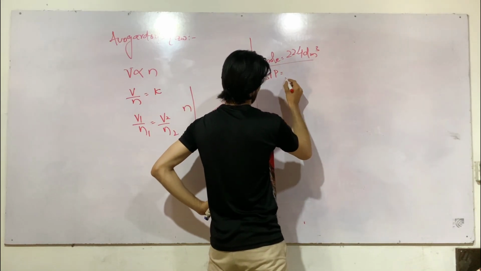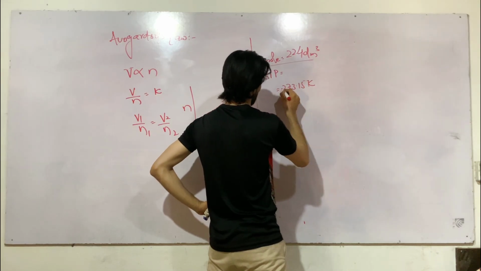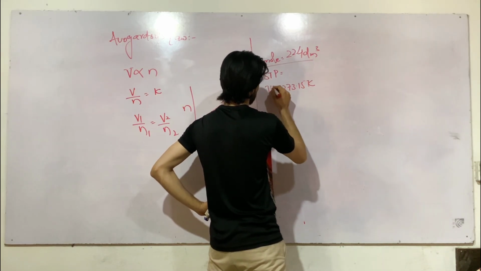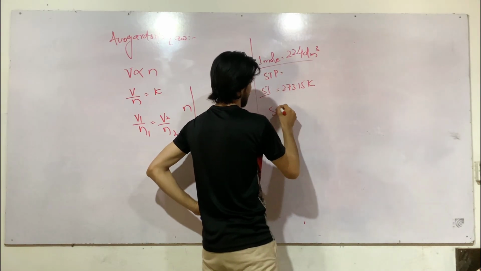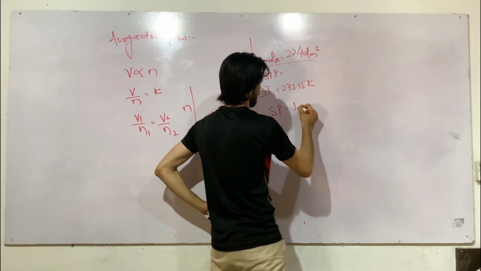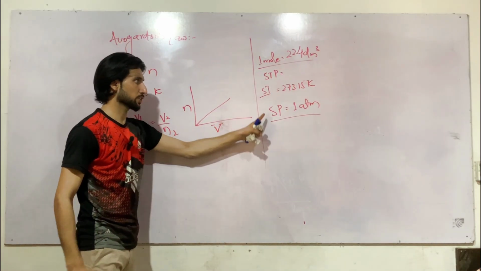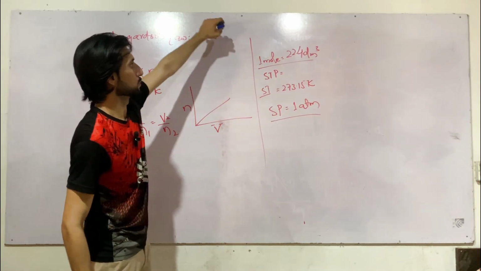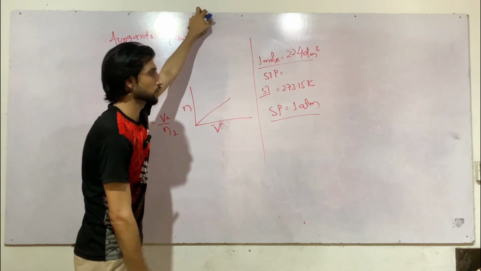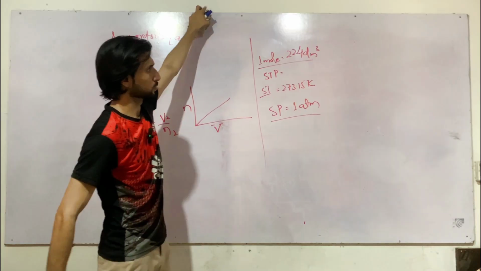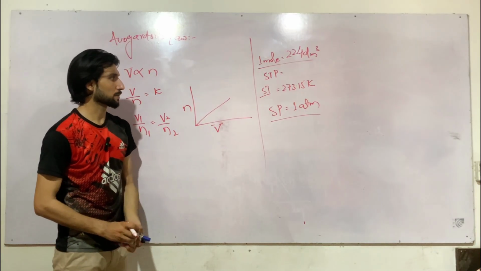Standard temperature is 273.15 Kelvin. And what is standard pressure? That is 1 atm. So at standard temperature and standard pressure, you will observe that 1 mole of every gas occupies 22.4 decimeter cubes. We have solved some numericals with the help of this, which are present on our channel.